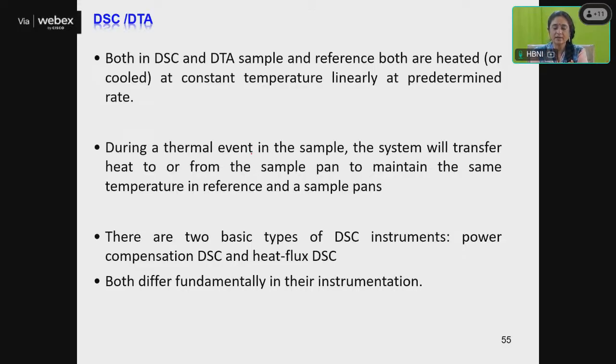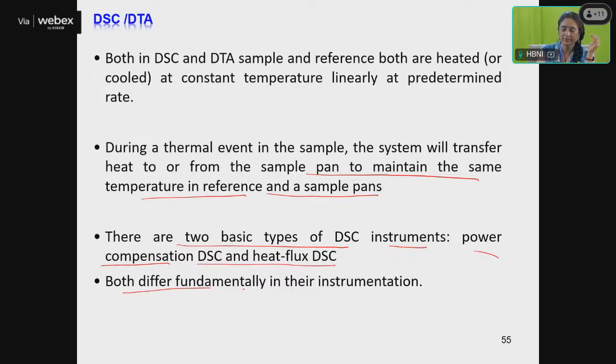During any thermal event in the sample, the system will transfer heat to the sample or from the sample pan to maintain the same temperature in the reference sample. So there will be a reference sample and your sample. When there is any thermal event, they will try to keep the temperature the same. There are two basic types of DSC instruments, power compensation and heat flux DSC.